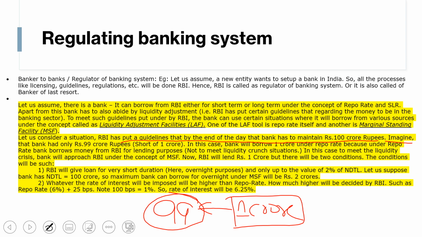So in that scenario the repo rate will be applied because the bank is borrowing money from the RBI. Under the repo rate, banks borrow money from the RBI for lending purposes, not to meet liquidity crunch situations. One thing I missed here: under the repo rate the bank borrows money from the RBI for lending purposes, like if the bank wants to give money in the market.